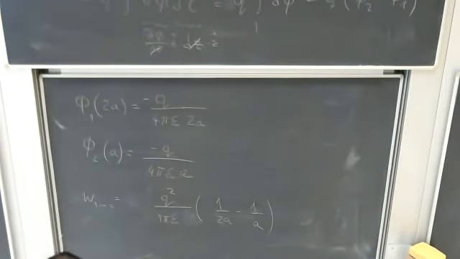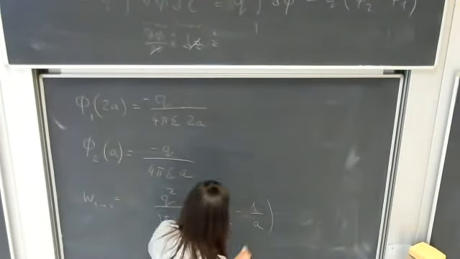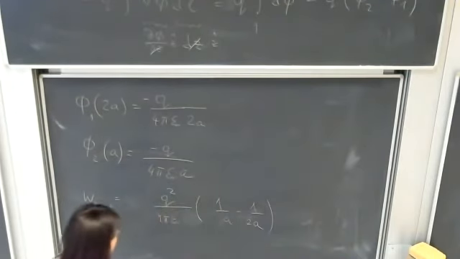Right? And then the answer is 3/2 minus 1, this way. Yes, this looks proper.